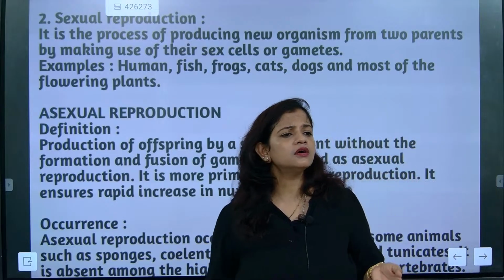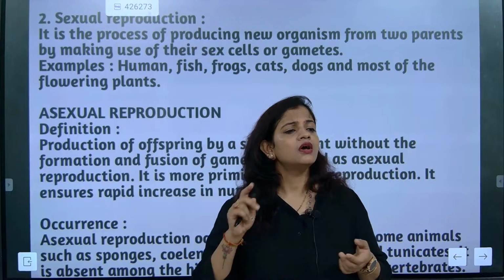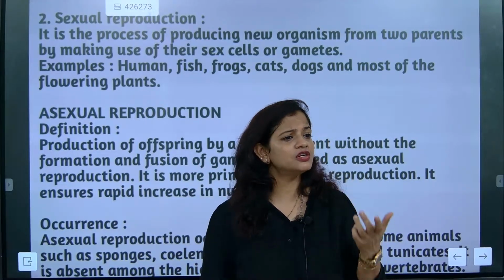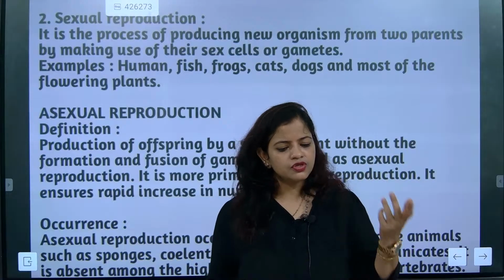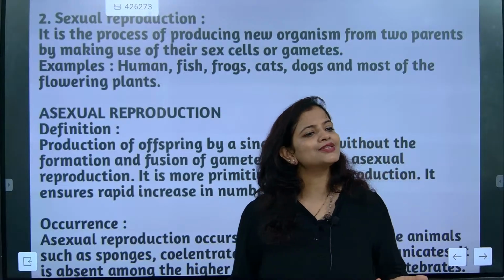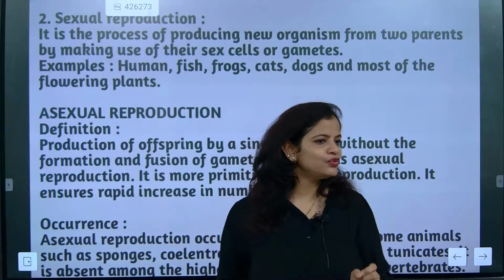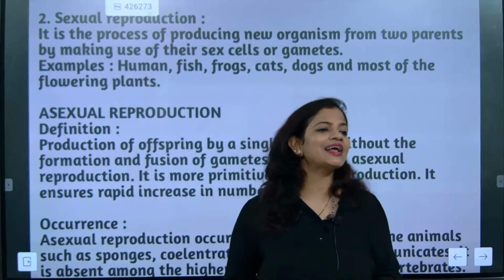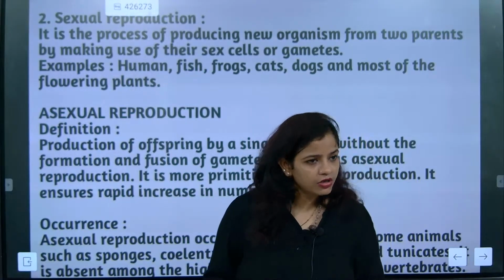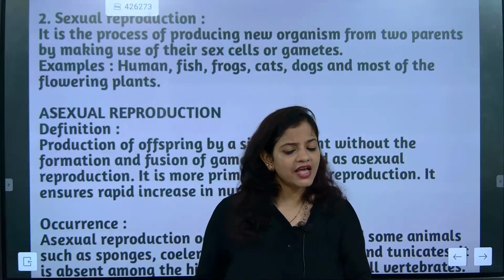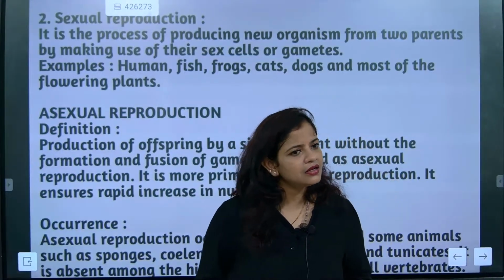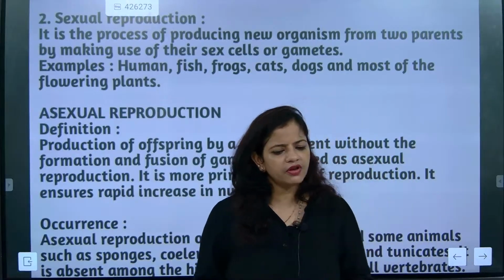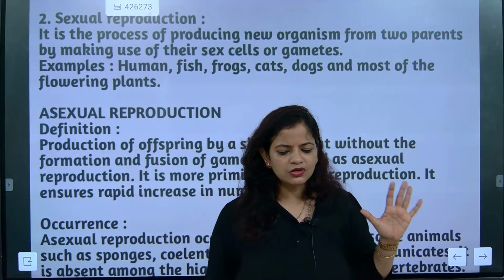Fusion means the male and the female germ cells have to fuse, and the fusion of the male and female germ cells will give what, beta? A zygote. A zygote is a single cell. After that only multiple division will happen. I hope till here it is absolutely clear.